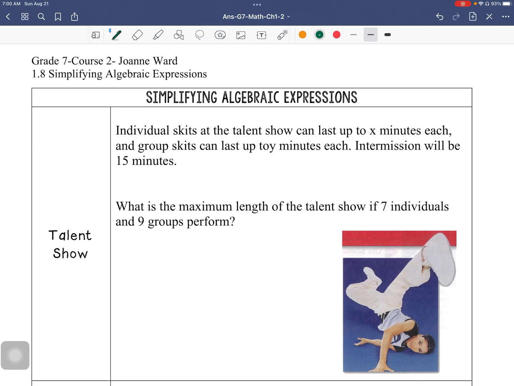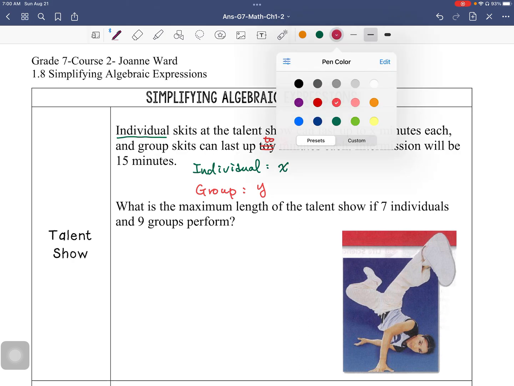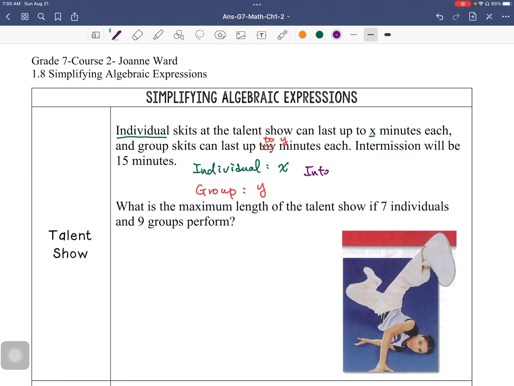For a talent show, individual skits can last up to X minutes each, group skits can last up to Y minutes each, and the intermission can last up to 15 minutes.